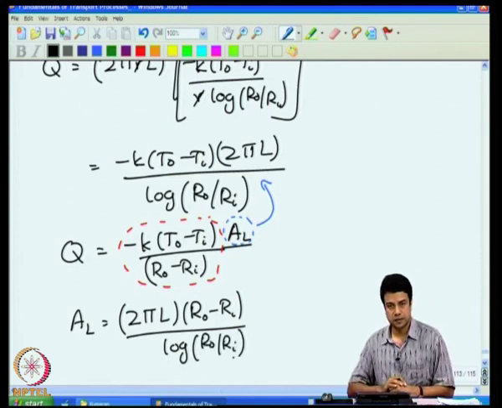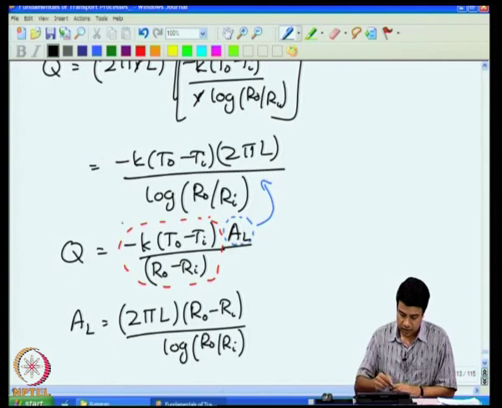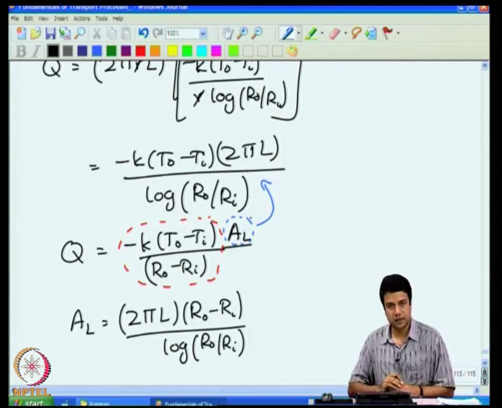That is the effective area that is required to get the correct heat flux in this expression, where I have written it as the temperature difference times the conductivity divided by the distance between the inner and the outer walls.